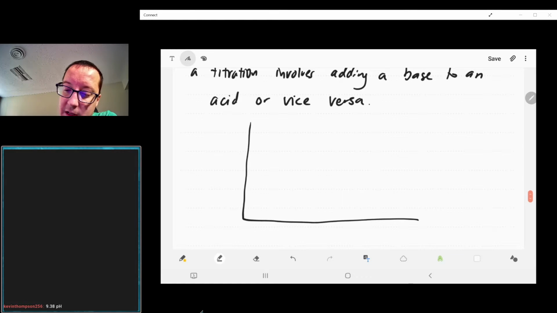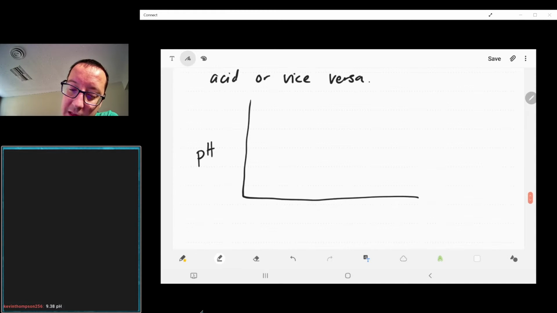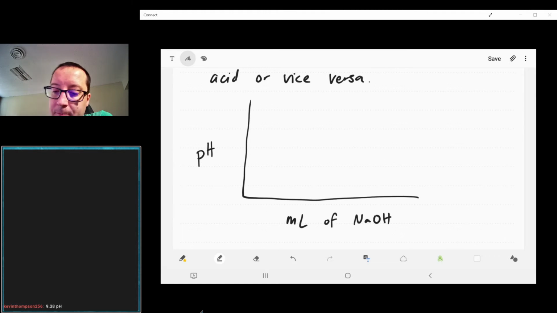And if we want to take a look at graphically how this would look, if we have pH and then the milliliters of some base, we'll say sodium hydroxide. We typically use strong bases for titrations.